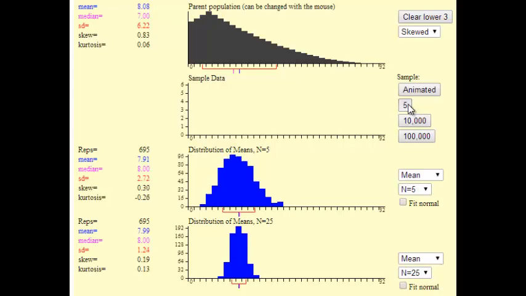The basic idea of the central limit theorem is that you really should have an n of 30 or more to be able to assume that it's going to be normally distributed, or a normal curve.